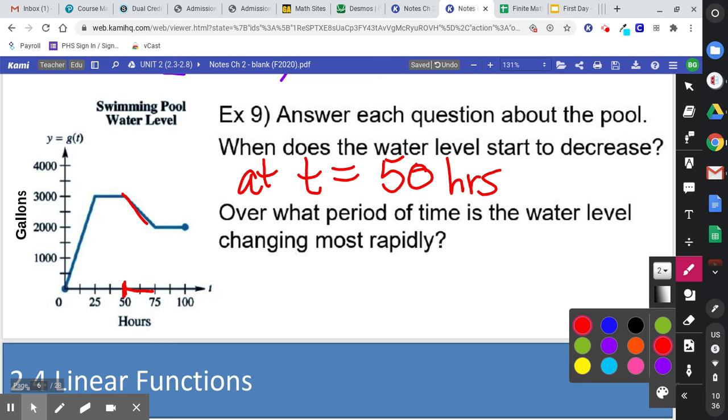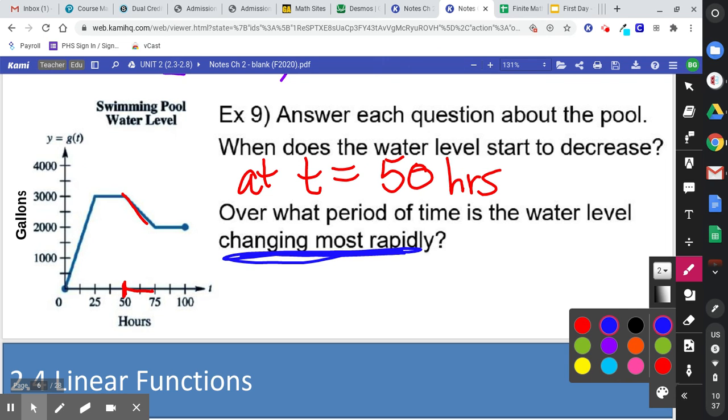Over what period of time is the water changing most rapidly? What do you think they're saying when they say changing most rapidly? What's a math word for that? Increasing? Well, it could be increasing or decreasing, but how would you know which one is changing most rapidly? Exponential would be yes, but I don't see an exponential here. So that might not be what they're talking about in this case.